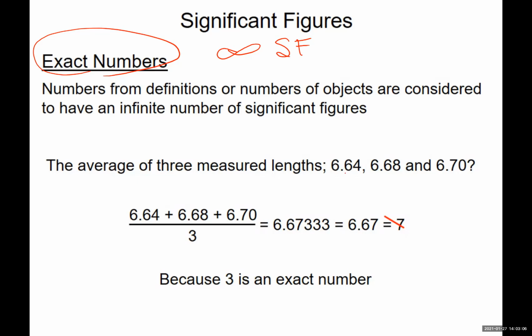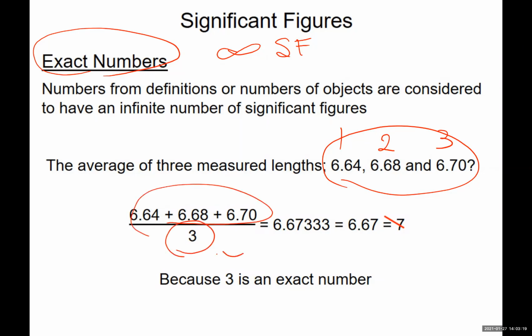So if I'm taking the average of these 3 numbers, and there is 1, 2, 3, I'm counting 3 exact numbers. So when I add these together and divide them by 3, this 3 is a counted number. It has infinite significant figures. And I look at the top, I'm adding these together.